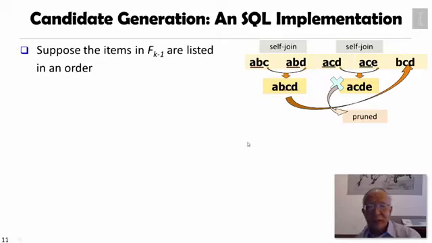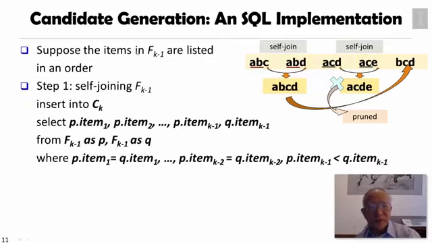Let's look at the SQL implementation of this candidate generation and test. The candidate generation is essentially this. For self-joining, you see the first k minus 2 items are all identical, then for the last item, one is smaller than the other, and we get one candidate set.